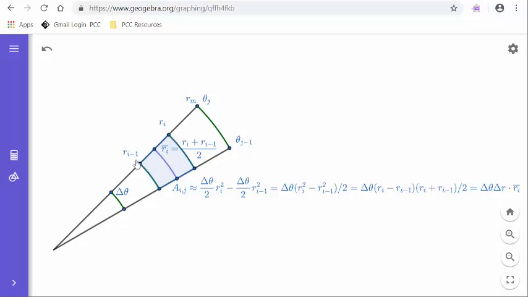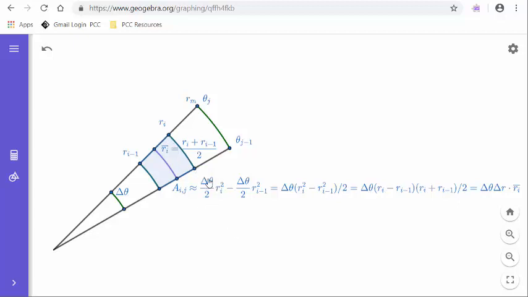Our slice in the r direction is from r sub I minus 1 to r sub I. We have an average r value we call r sub I bar, which is equal to r sub I plus r sub I minus 1 over 2. And now our area of this region is going to be, well, we can take the area from 0 to r sub I, so the area of this entire circular sector from theta sub j minus 1 to theta sub j.